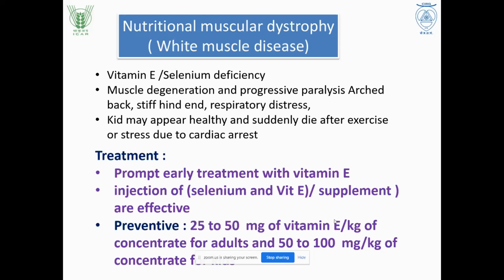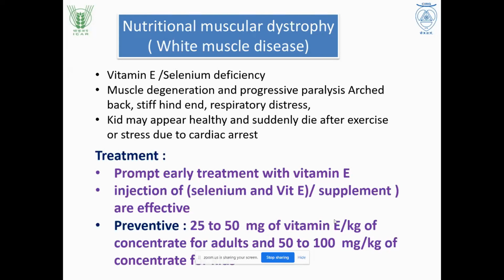And if this muscular dystrophy involves degeneration of the cardiac muscle, the animal may die suddenly because of cardiac arrest. In this situation, prompt treatment with injections of selenium and vitamin E is needed; oral supplements are available, and injectables are also available, and they can be used.